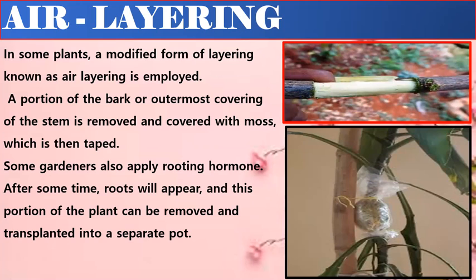After some time, roots will appear and this portion of the plant can be removed from the parent plant and transplanted into a separate pot. This method is commonly used by gardeners to develop plants like jasmine, vines, and bougainvillea.